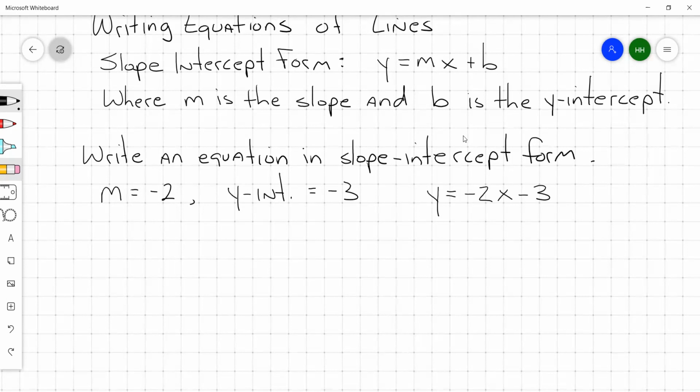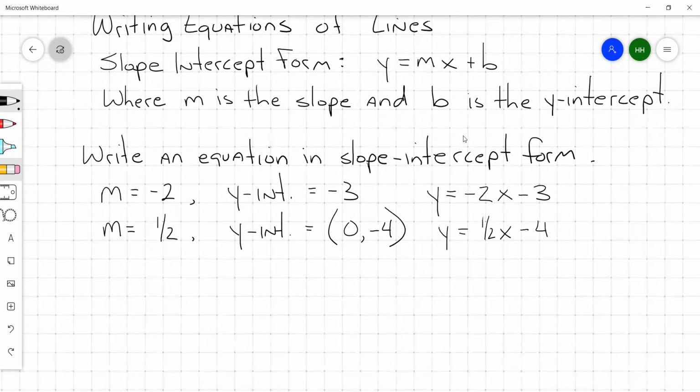You may be given the y-intercept a different way. Let's say that your m is 1/2, but your y-intercept is given as 0, -4. In this case, your y is going to be equal to 1/2 x. And now the point 0, -4, you're going to use the y value right here.